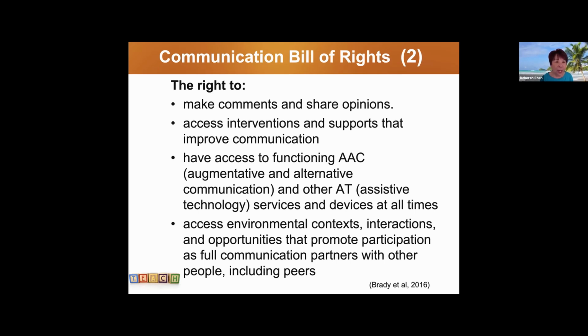And the right to access environmental contexts, interactions, and opportunities that promote participation as full communication partners with other people, including peers. So the goal is self-determination and full belonging in our community.